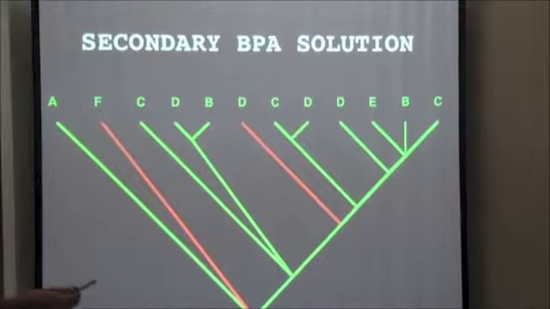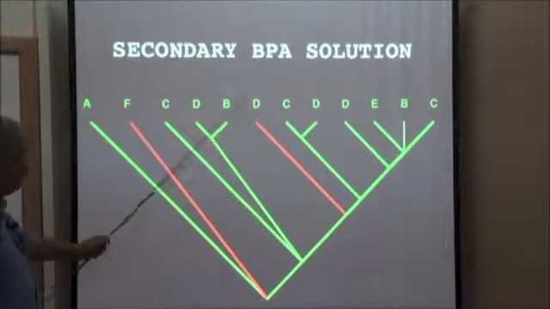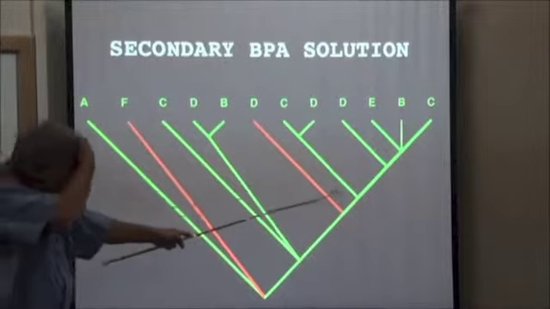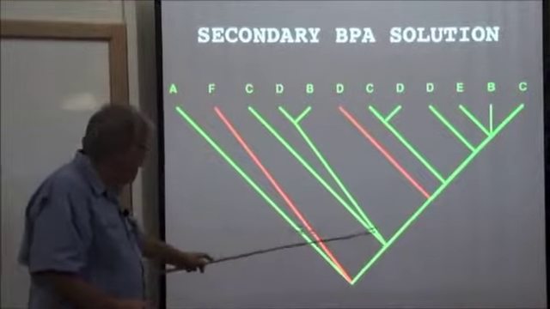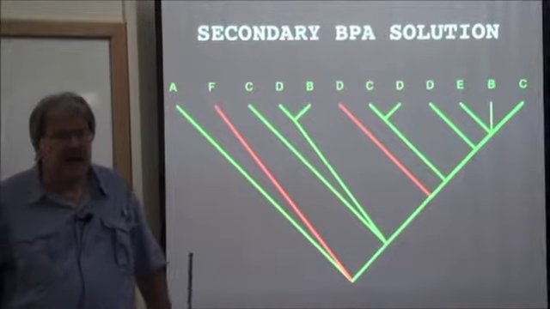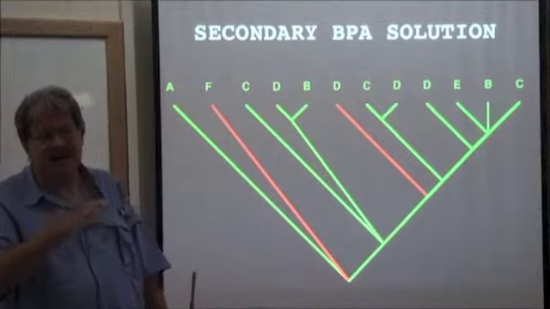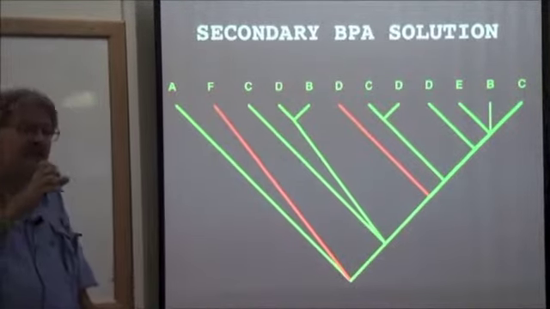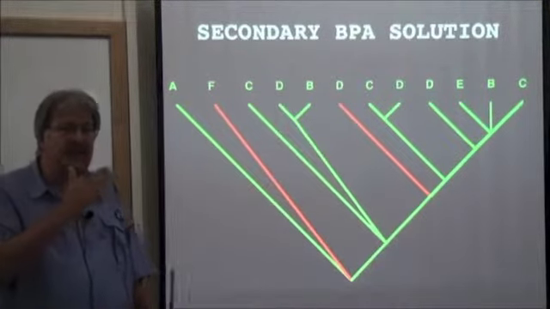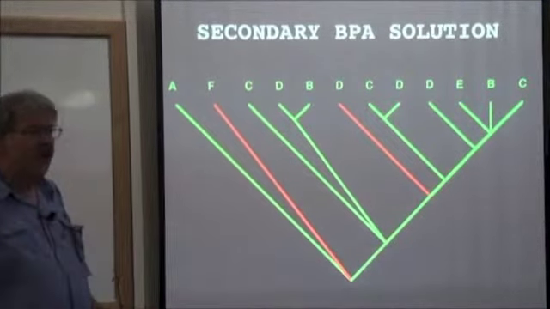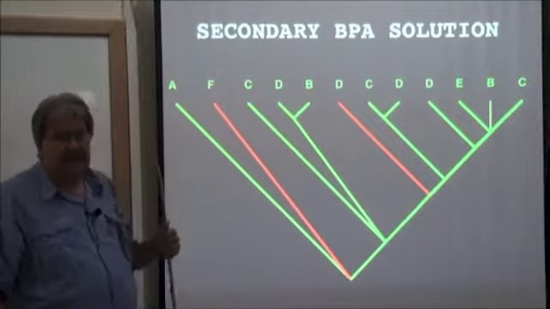And I pointed out yesterday that secondary BPA takes these two from the diagram and moves them down. This one's up here, and this is up here in the PACT diagram. The reason for the different placements between PACT and secondary BPA is that what PACT says is, when there's ambiguity about where you place a taxon, you always maximize combinations starting with the most recent.